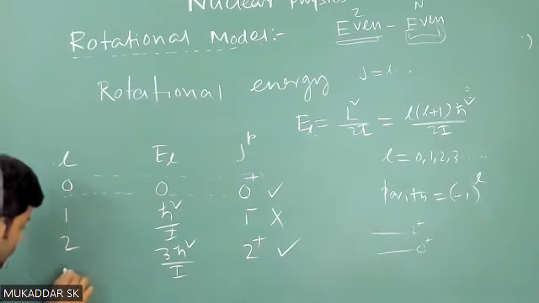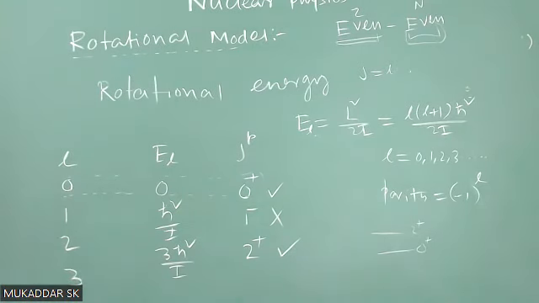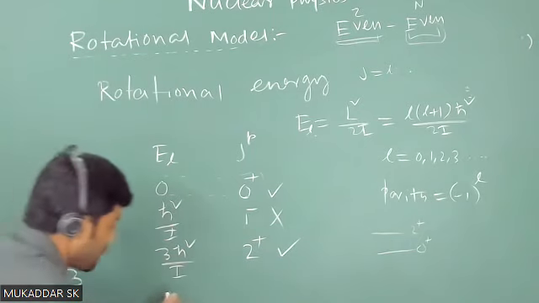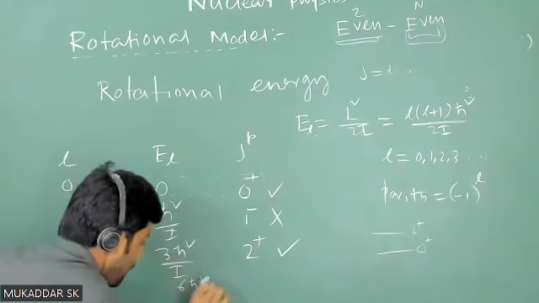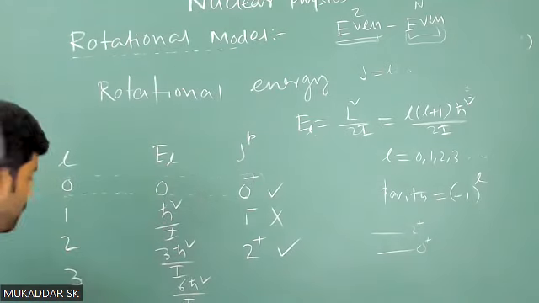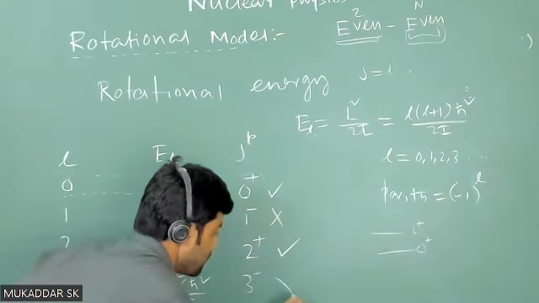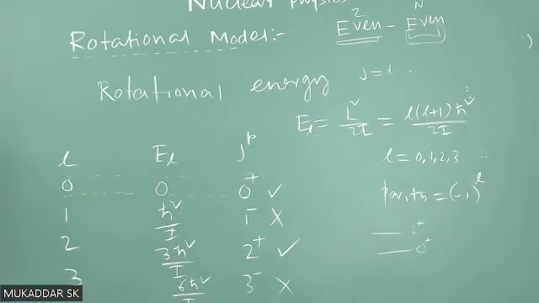Again, if you take L equals 3, that will give you 3 into 4, 12, it means 6 h cross square by I. But the problem, again, this is 3 minus, that is not possible. So I cannot take the second excitation energy this much.